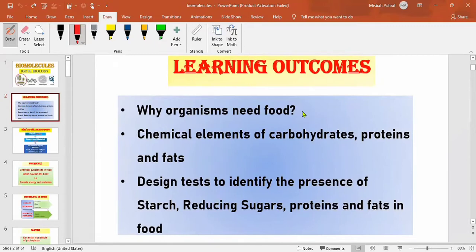We are also going to study why living organisms need food, and some of the chemical elements present in our food that provide energy. Carbohydrates provide us energy. Proteins also provide us energy, and have other functions like synthesis of the protoplasm.